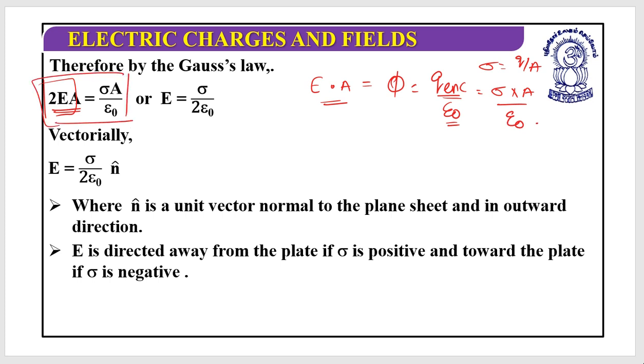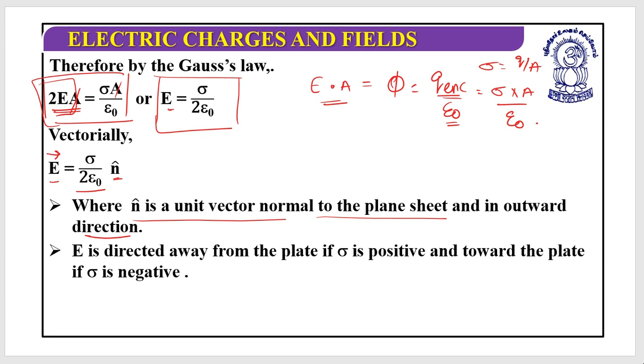Are you done with this? And if the area vector has been cancelled, then the electric field due to a thin non-conducting infinite sheet is sigma by 2 epsilon naught. As I know that electric field is a vector, if I write it vectorially, E is equal to sigma by 2 epsilon naught into n cap, where n is a unit vector which is normal to the plane sheet, in the outward direction.